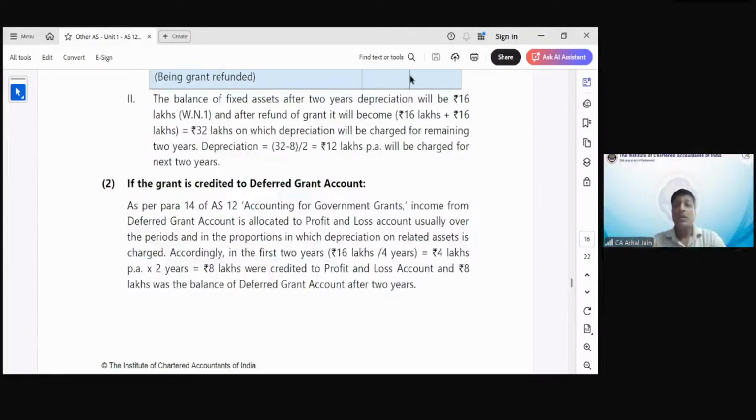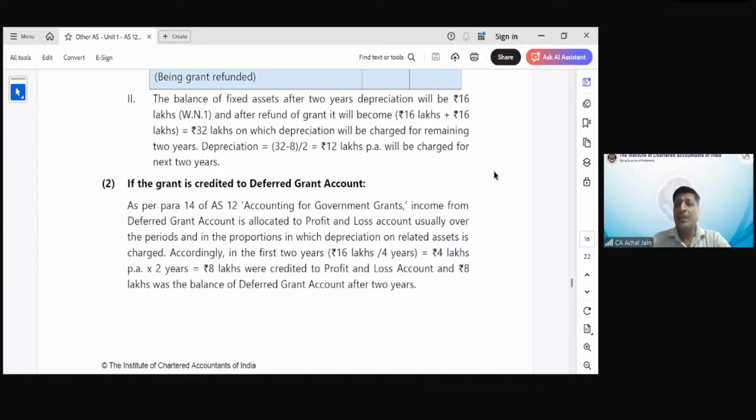So now, what was the amount of government grant? 16 lakhs. This 16 lakhs would have been recorded by the entity as a deferred income, and year on year there would have been one amortization on this. Correct? So if you amortize this, what is the period you will choose for amortization?